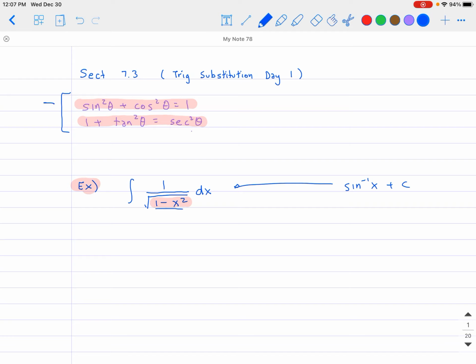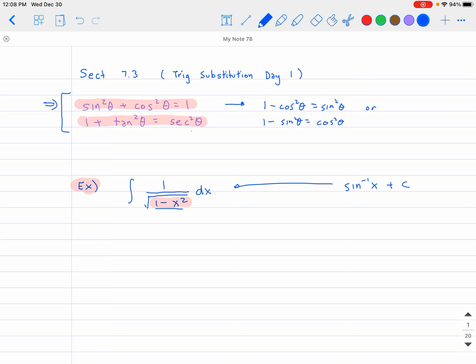I am looking at the first one over here, because you can take that identity and write it so that it's 1 minus cosine squared is equal to sine squared, or 1 minus sine squared is equal to cosine squared. So let me just write that to show you. So 1 minus cosine squared is equal to sine squared. Or you can write 1 minus sine squared is equal to cosine squared.